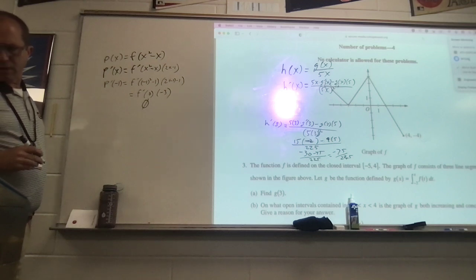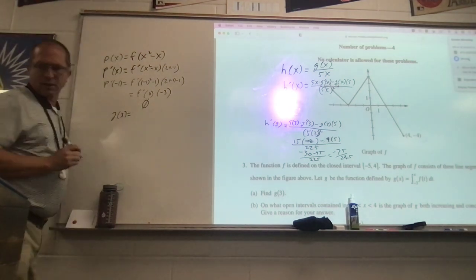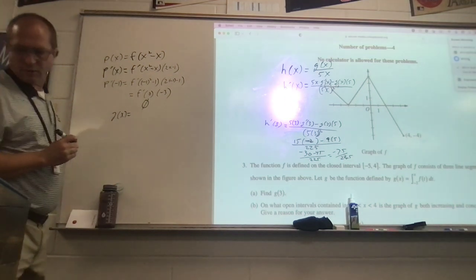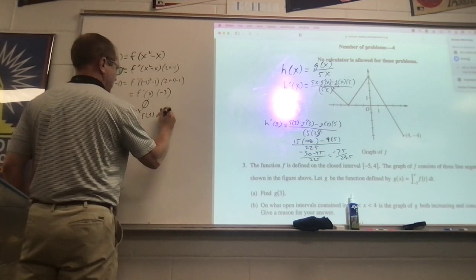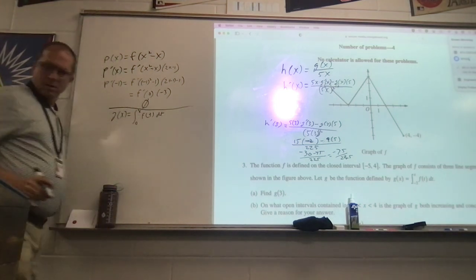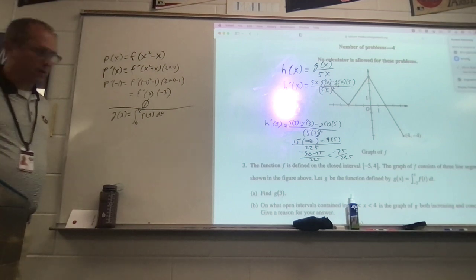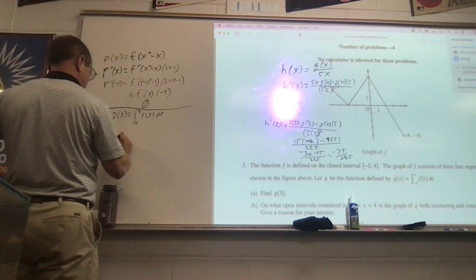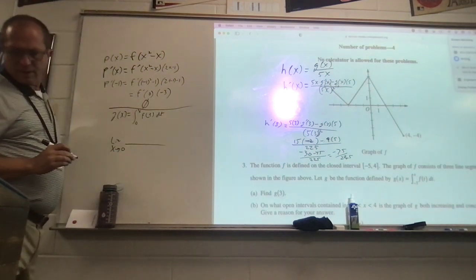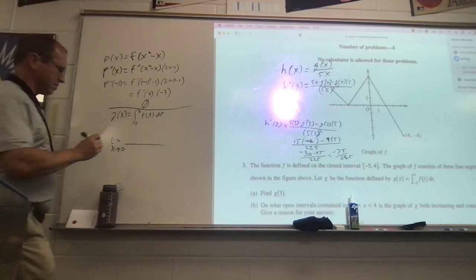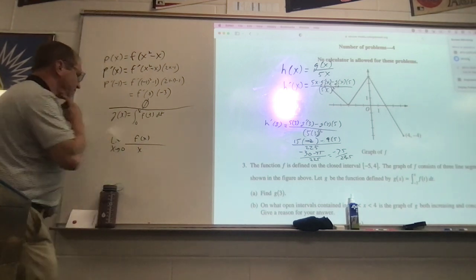The last part is they define j of x as being the integral from 0 to x of f of t dt. And from there, we want to determine the limit as x approaches 0 of j of x over x, sorry.